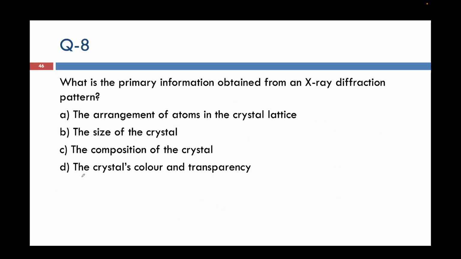What is the primary information obtained from an X-ray diffraction pattern? The arrangement of atoms in a crystal lattice, the size of the crystal, the composition of the crystal, the crystal's color and transparency.